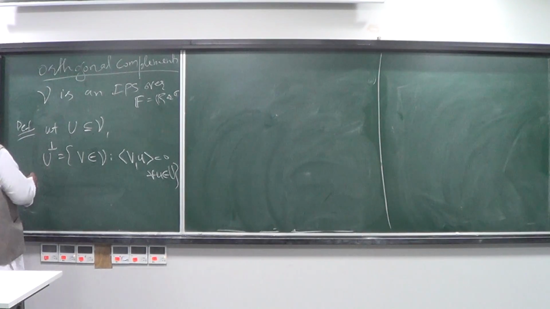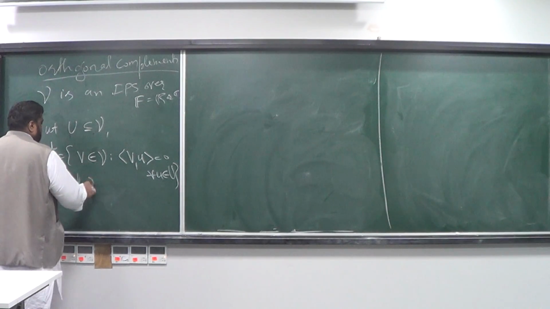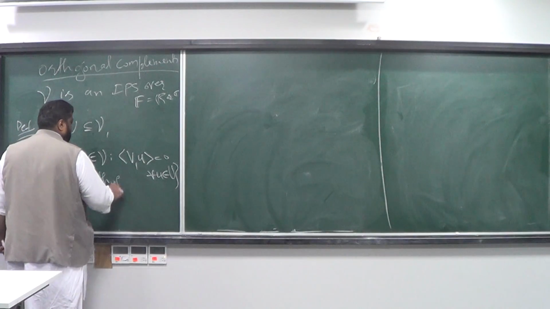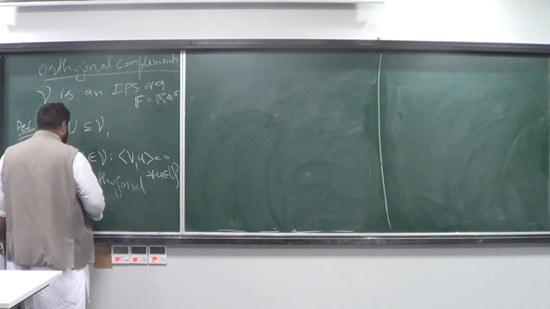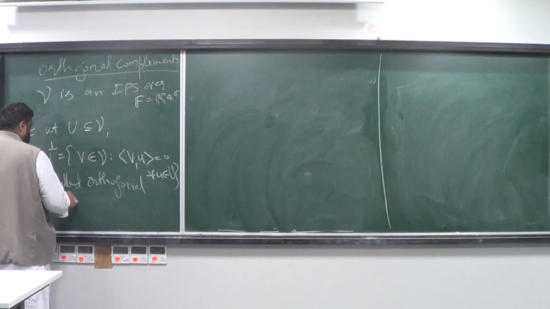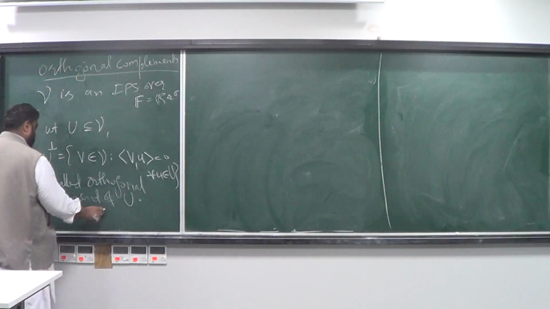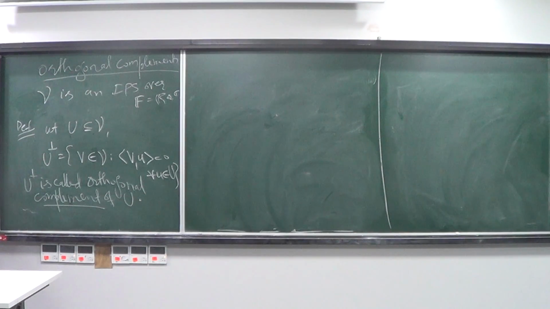Then this U perp is called the orthogonal complement of U actually. We will justify this word complementness soon.